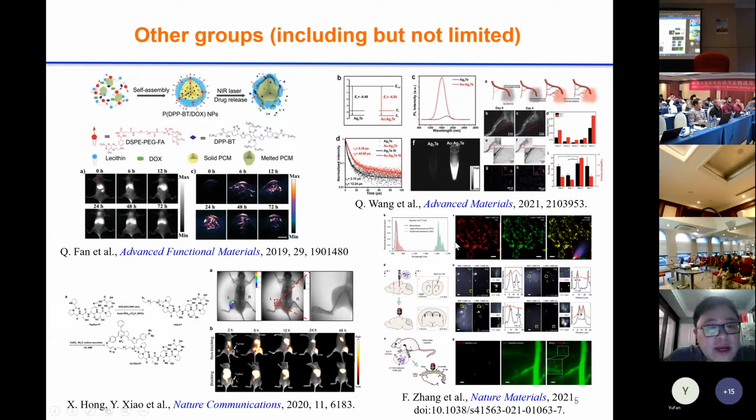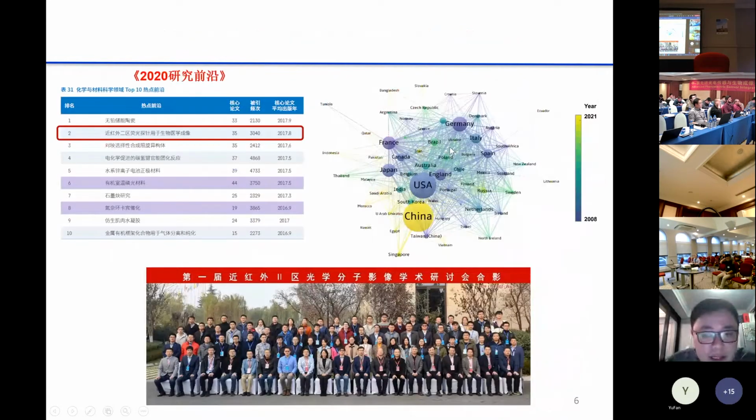There are also lots of other groups doing very excellent studies and getting excellent results in the NIR-II fluorescence area. Here I just list some. There are many research groups in different countries involved in this study, and in 2019, the first NIR-II fluorescence imaging conference was successfully held in Xi'an.